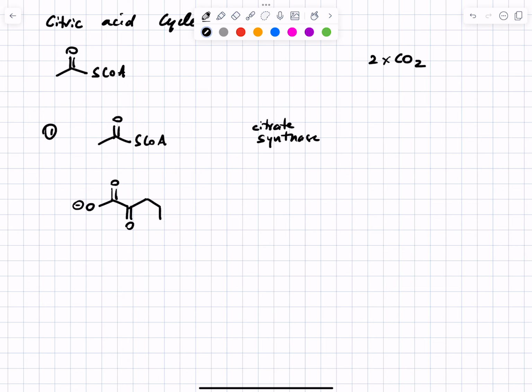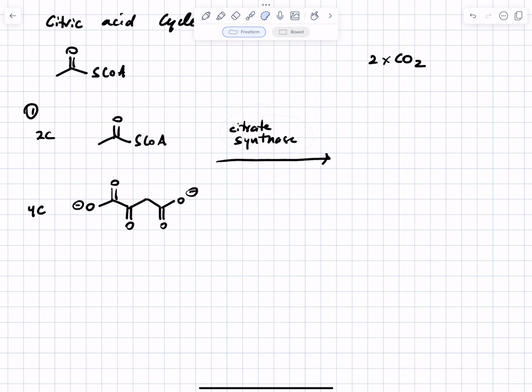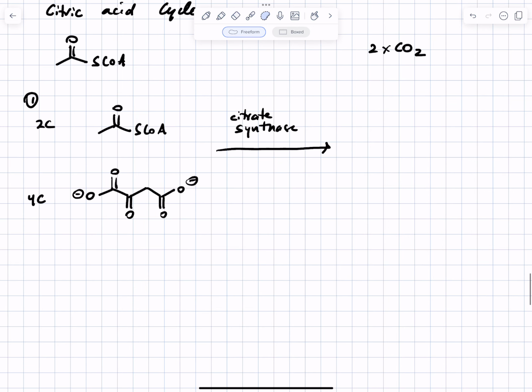And it's a 4-carbon chain. Oxaloacetate is an alpha keto acid, 1, 2, 3, 4 carbons. Citrate synthase is going to incorporate acetyl-CoA into oxaloacetate, and what you're going to end up with is a 6-carbon chain that looks like this.